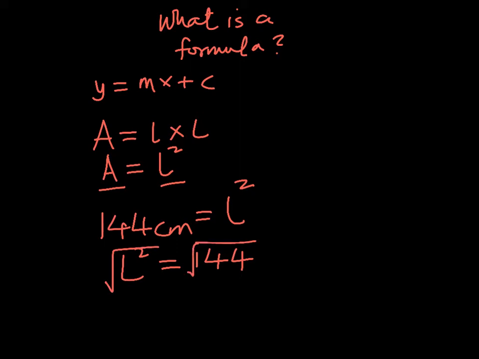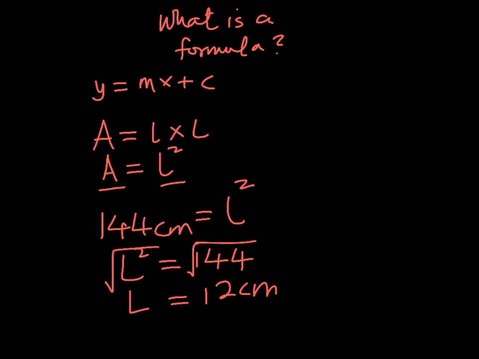The square root of both sides will leave us with L on this side, and the square root of 144 is 12 centimeters. So that is how we can use the relationship that exists between different variables in a formula to find unknown variables. We can also do this in the reverse.